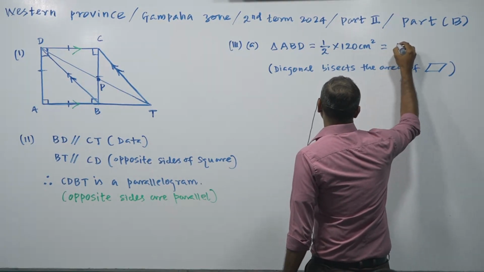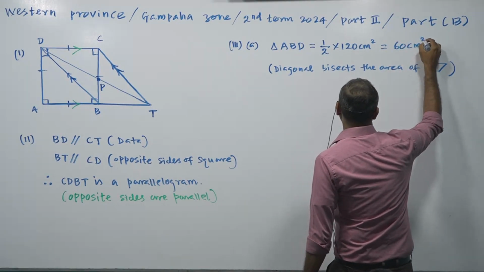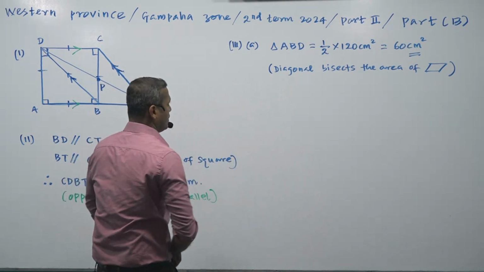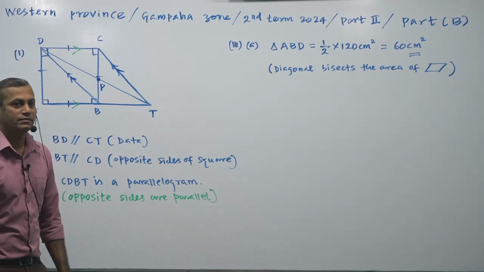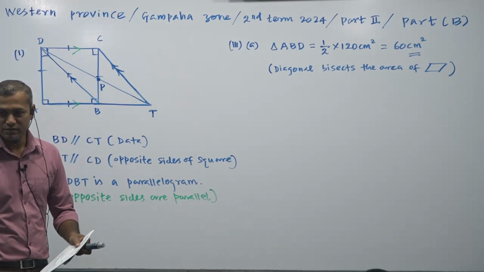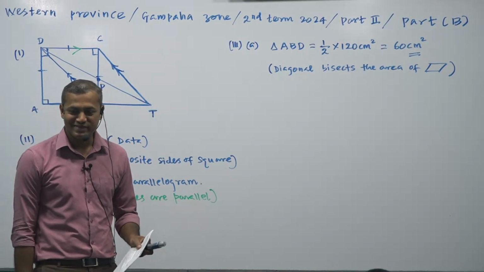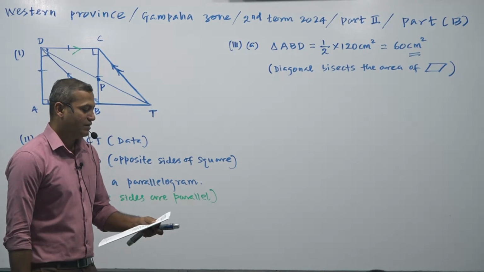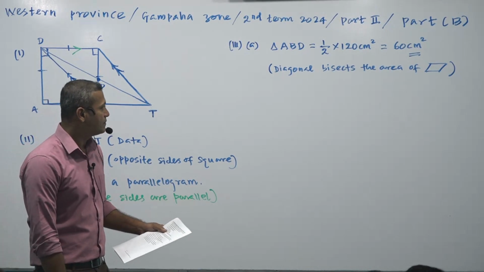So what is your answer? 60 centimeters square. Check it out. Half of 120. Giving reason. Did you notice the question? Reason is done. Giving reason, find the area of triangle ABD.